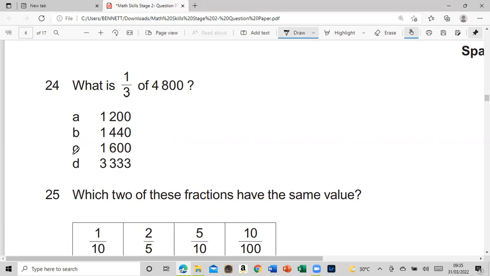So it would be this, but let's work it out for you guys. 3 into 4, 1. And then a 1 here, so I change that to 6. And then 0. We're not going to spend a long time on that.